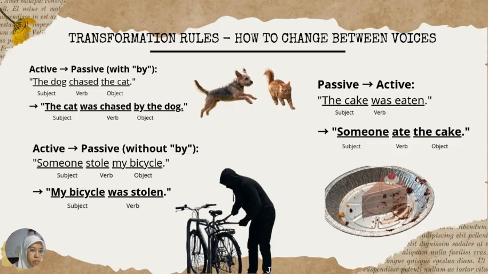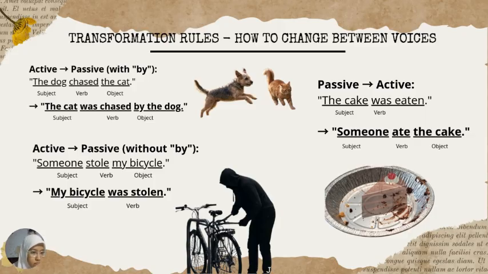In the passive voice, we must use to be related to the tense. And the cat becomes the subject, and the dog becomes the object. So the result, the cat was chased by the dog, because we want to show that the agent, or who did the action, is shown in the sentence.